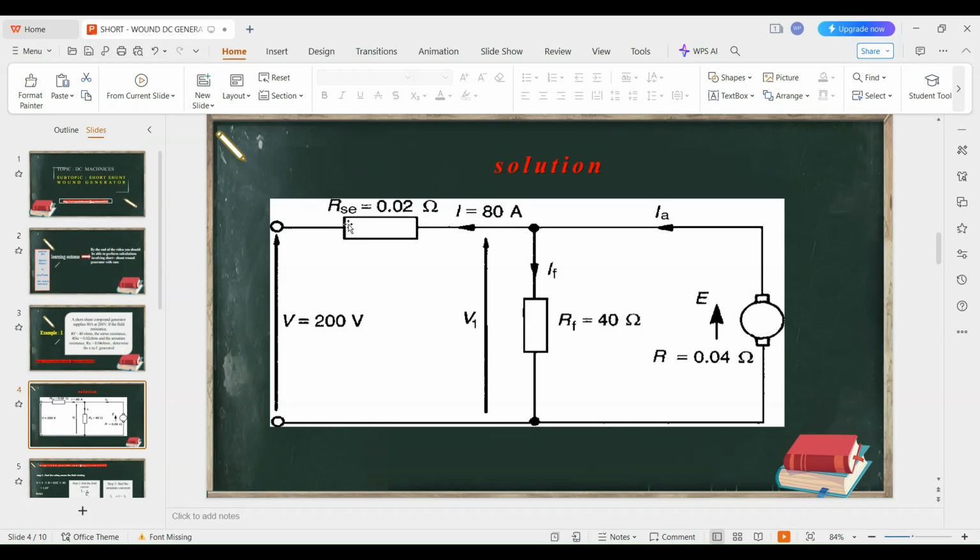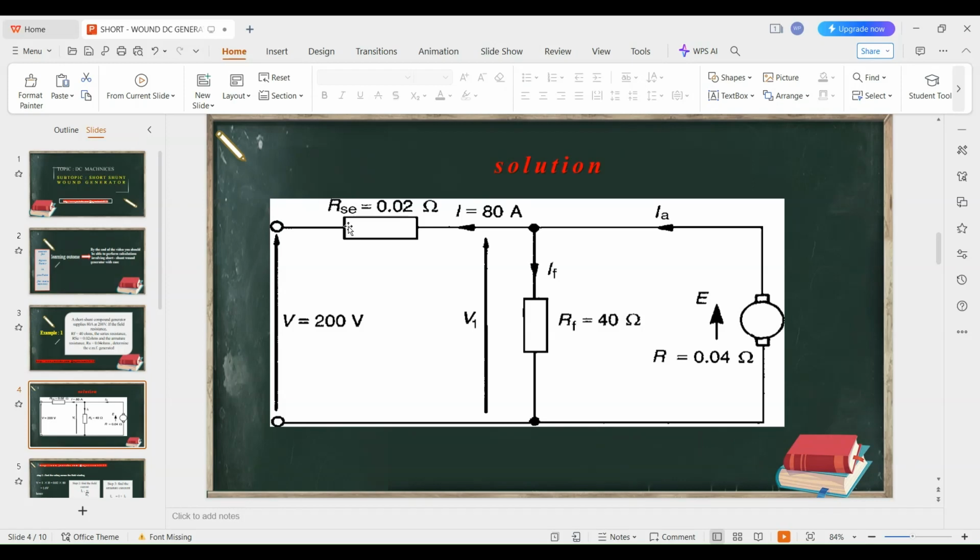Step number one: we shall look at the voltage across the field winding, or in other words, the voltage drop across the series resistance. Using Ohm's law, voltage is given by current multiplied by the resistance.